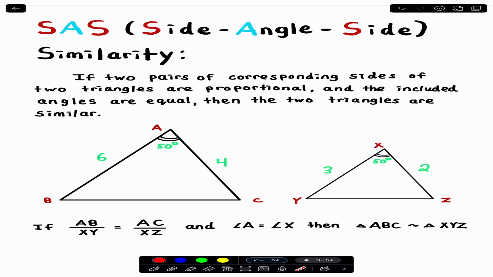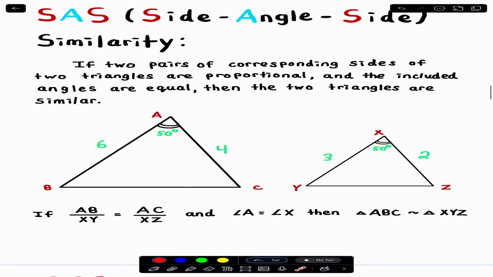Okay, I'd say it's a lot easier to look at it with an example because that was a mouthful. So basically, we have these two triangles over here. And what do we notice? Well, first of all, we're given two side lengths, so that's where the side and the side comes in.